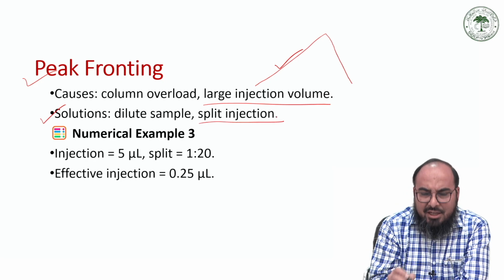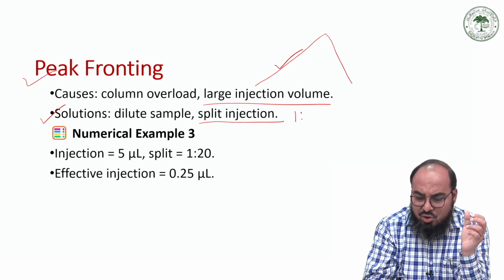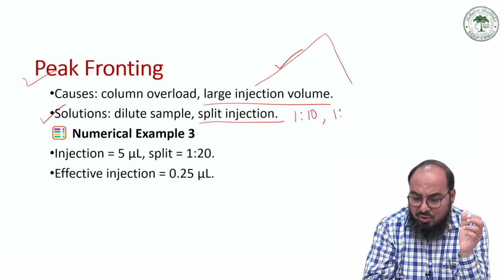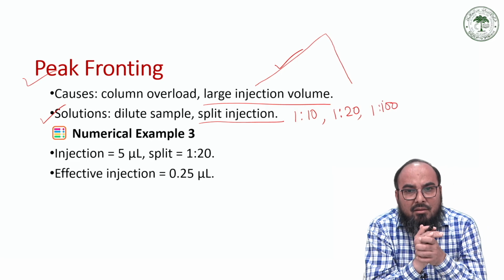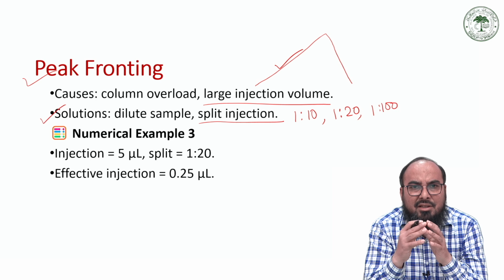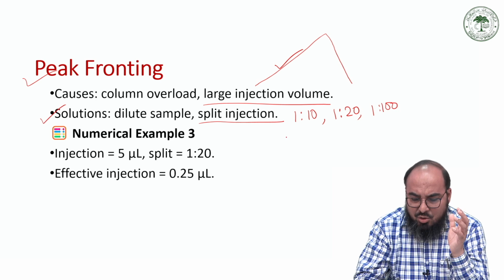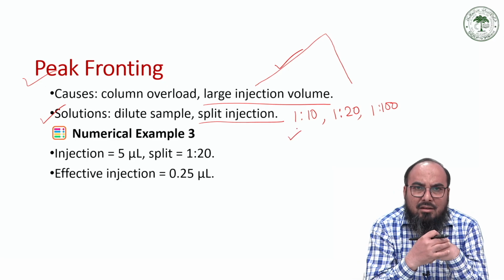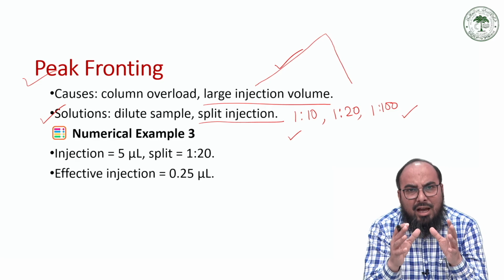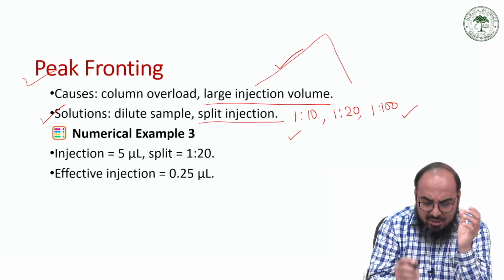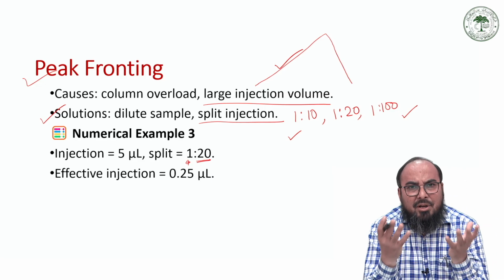In the split injection technique, there is a split ratio. We have already discussed this split ratio. It may be 1:10, it may be 1:20, and sometimes it may be 1:100. As you go on increasing this ratio, for a low concentration solution you always go for a lesser ratio, and for a high concentration you go for a higher ratio. If you have a ratio of 1:20, it means that out of 20 parts, 1 part is going into the column for separation.